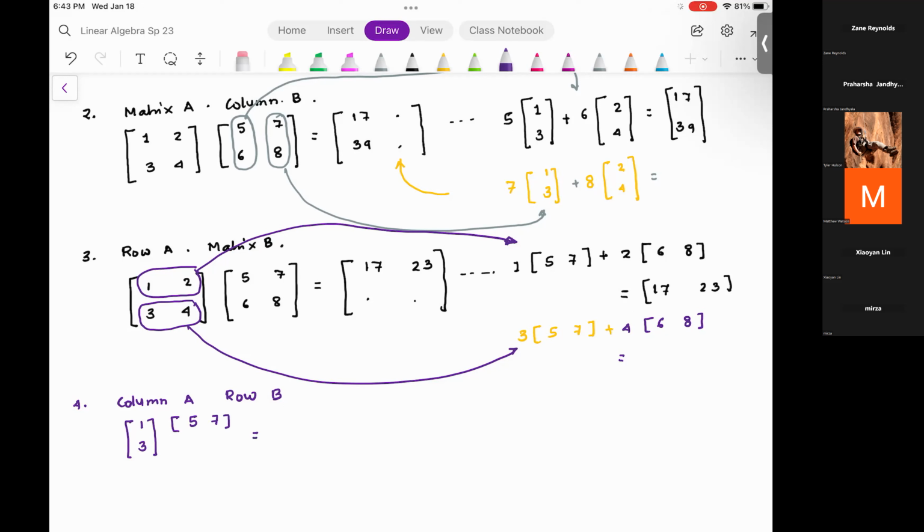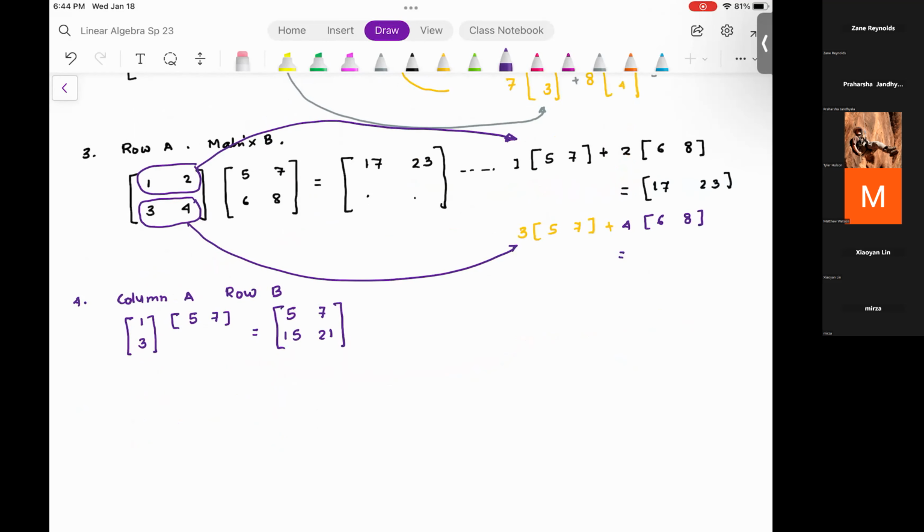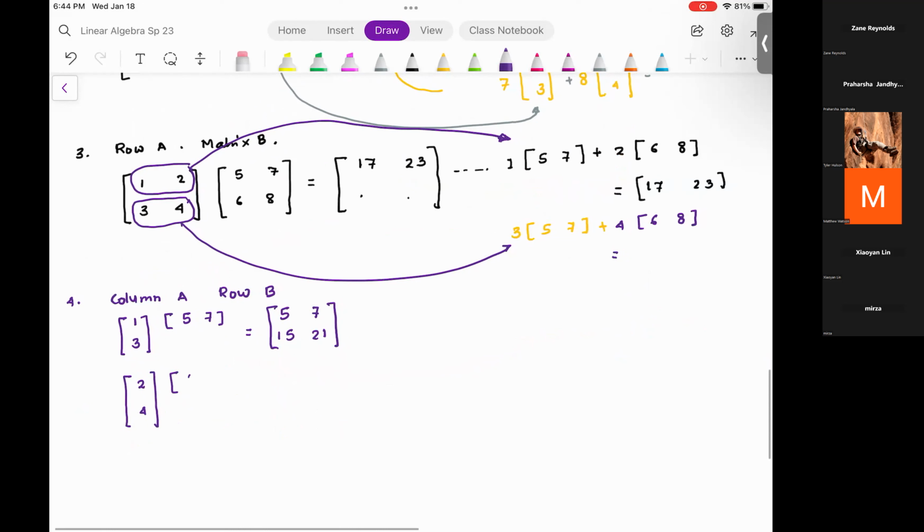You are going to get one matrix. First row, first column, 5, 7. Second row, 15, 21. And then you would have 2, 4 and 6, 8.